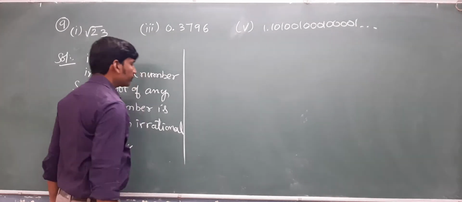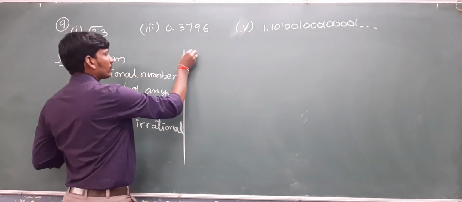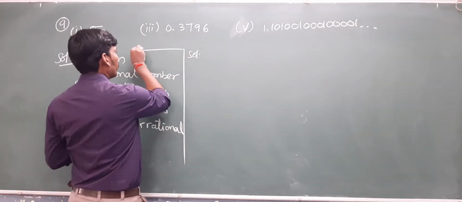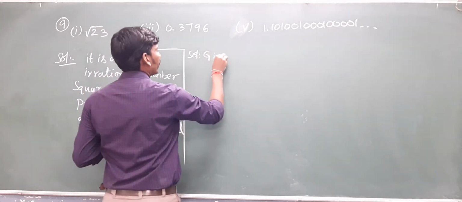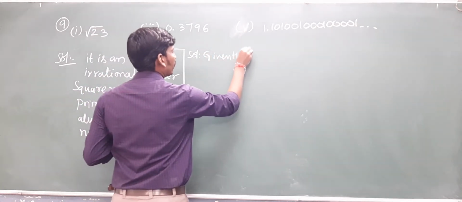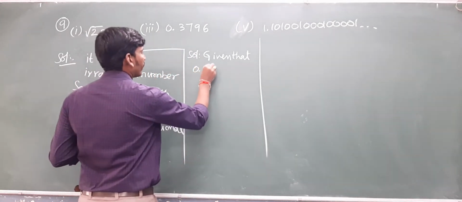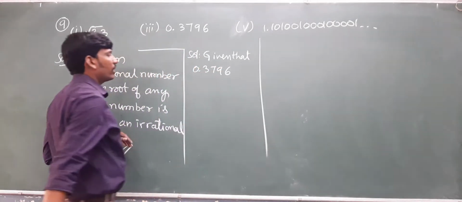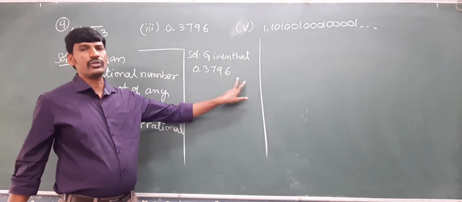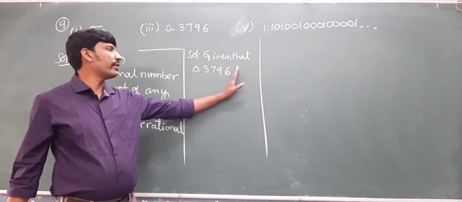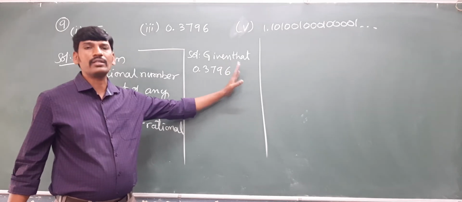Coming to the third one, the solution: given 0.3796. Can you observe here? After 6 there are no digits, not even any dots. It ends with 6.